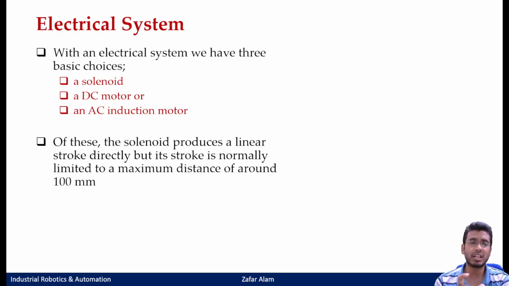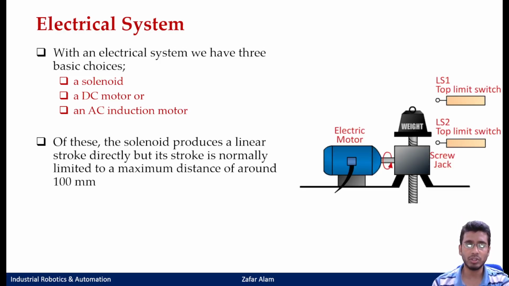Typically it is around 100 mm. So what was the distance that the load has to be lifted? It was 500 mm. So of course we will be ruling out the solenoid. But wherever you have applications where loads are to be lifted to a very small height, that falls within the limit of a solenoid, then you can easily do that using a solenoid.